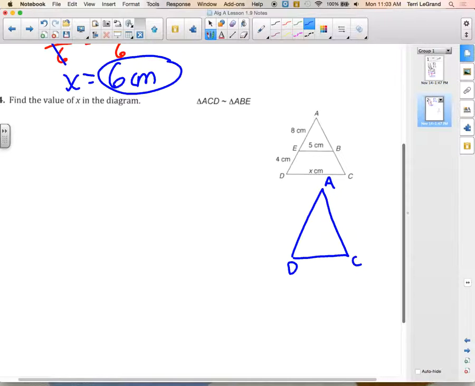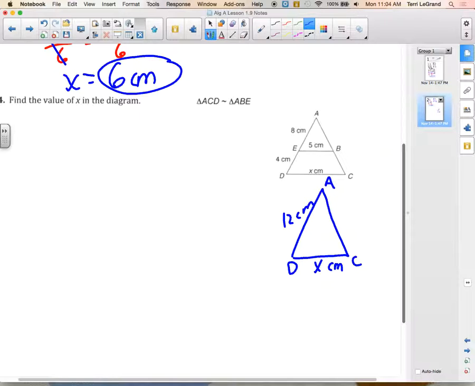Let's rename the side lengths. How long is side AD? 12. Because it's 8 centimeters from A to E, and from E to D it's another 4, so altogether we have a 12 centimeter side length. And then side DC is X centimeters.